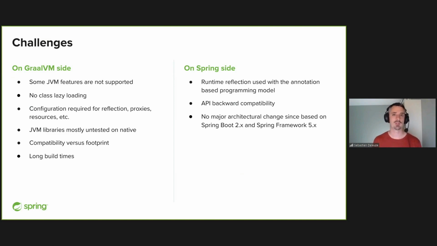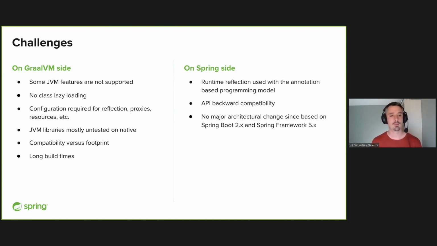Another important point is that native executables compiled with GraalVM support reflection, proxies, resources, etc., but that needs to be configured at build time, because while the JVM is super dynamic and does a lot of things at runtime, on native, much more stuff needs to be defined at build time. So that's a challenge.